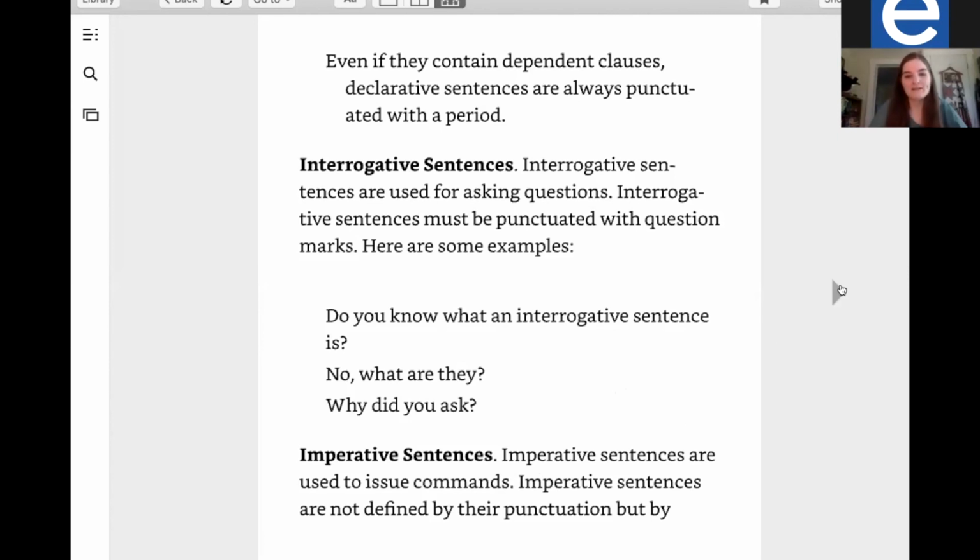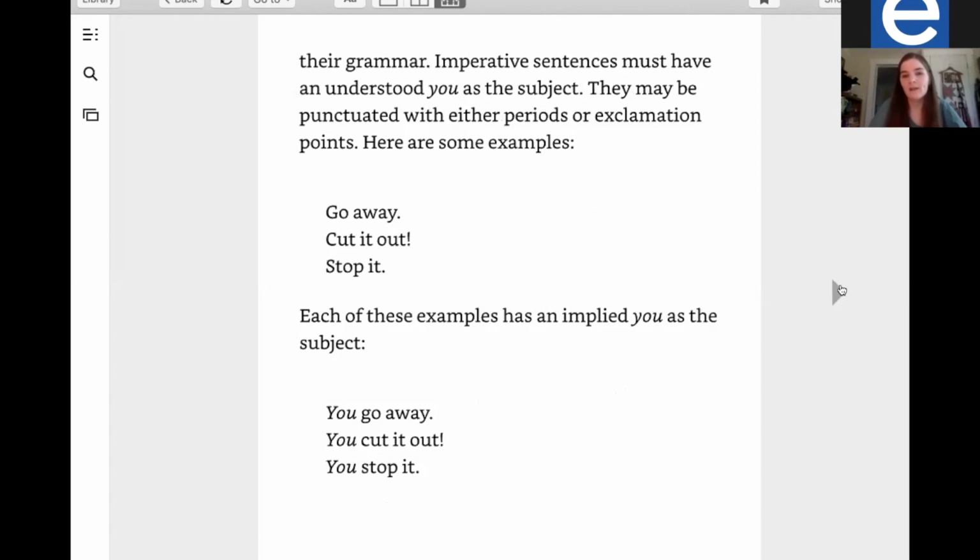Imperative sentences are sentences that give you a request or a command. They can have two different types of punctuation. You're usually going to see a period, just like with the declarative sentence.